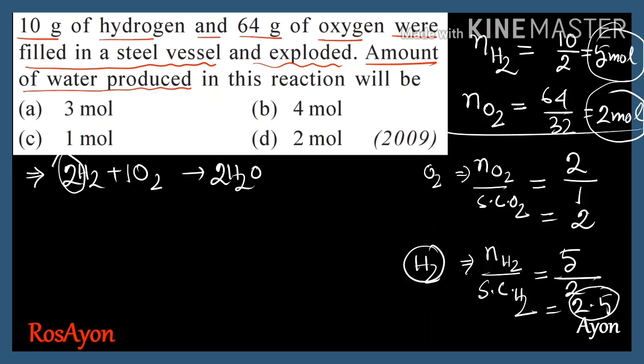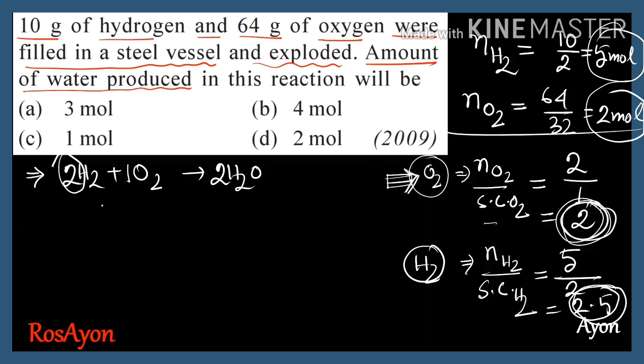So here we get two different values, 2 and 2.5. So this problem is a limiting reagent problem. Now which one is the limiting reagent? As the value of n of O2 divided by stoichiometric coefficient of O2 is less, 2, so O2 is the limiting reagent. Clear?